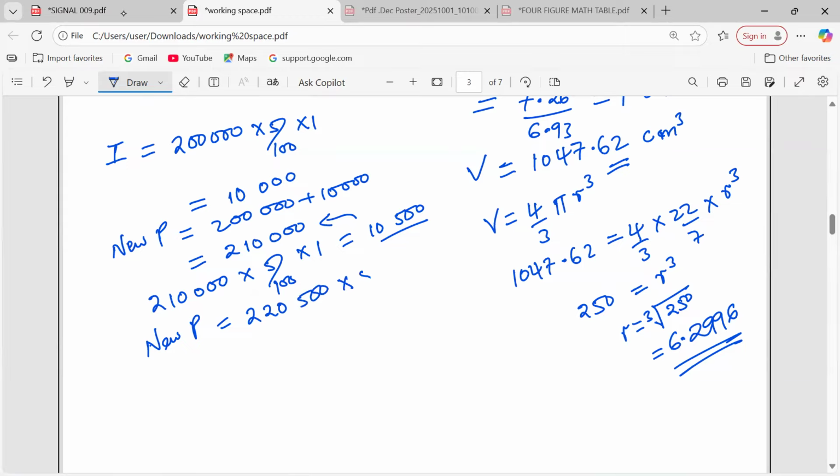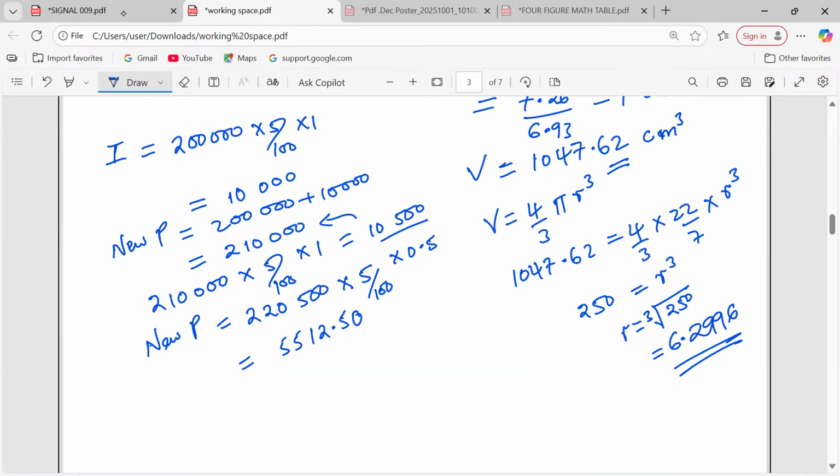Then it shall earn interest, but now for half a year, because it's 2.5 years. So for half a year, this shall be 5512. So this is the final interest to be earned.